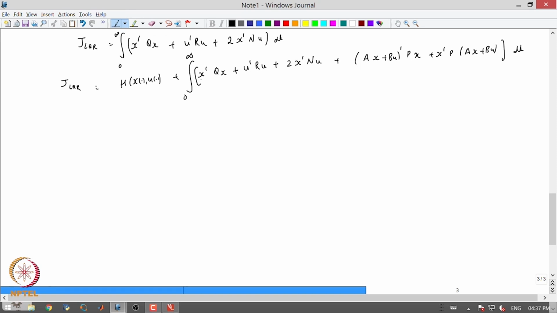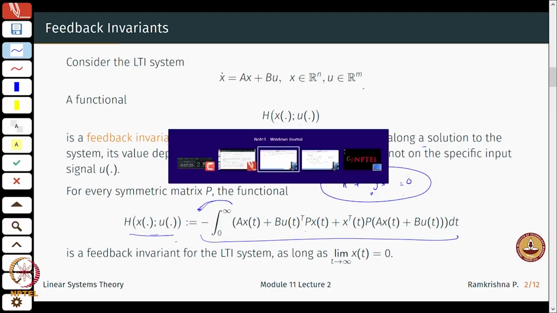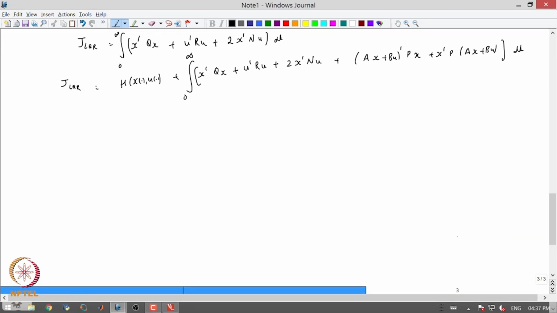So this additional term just comes from here.